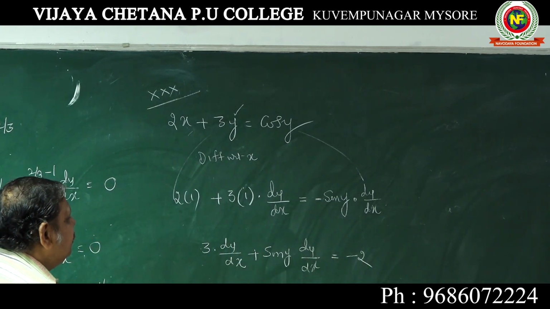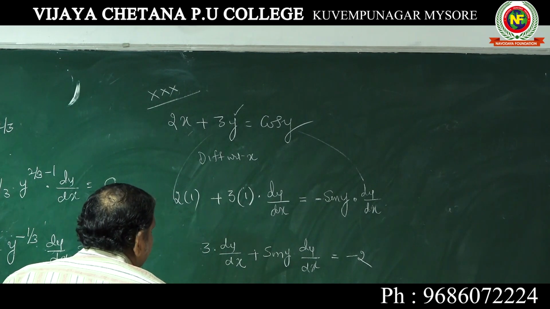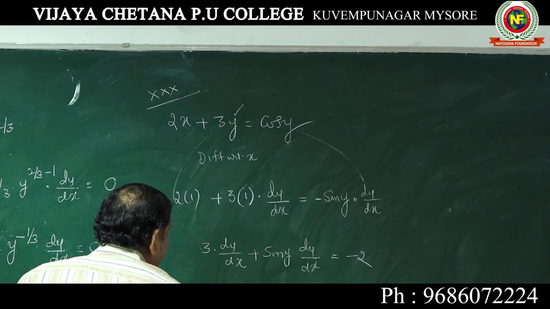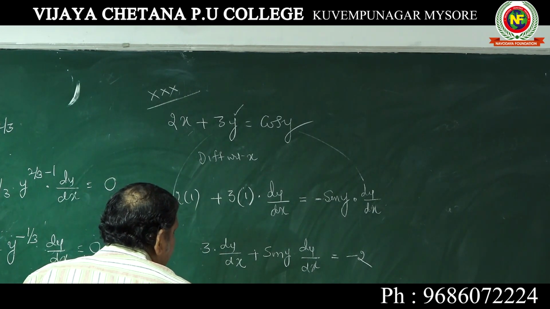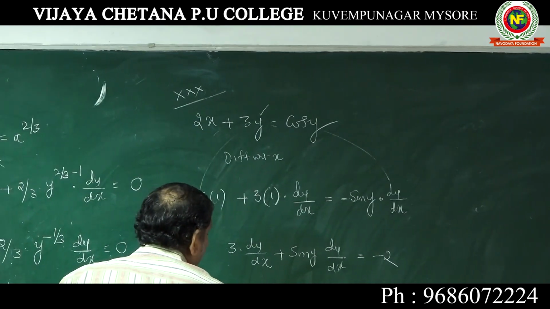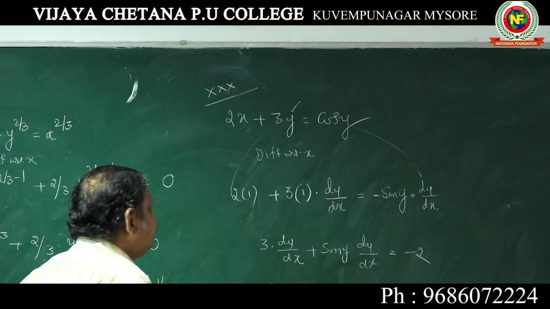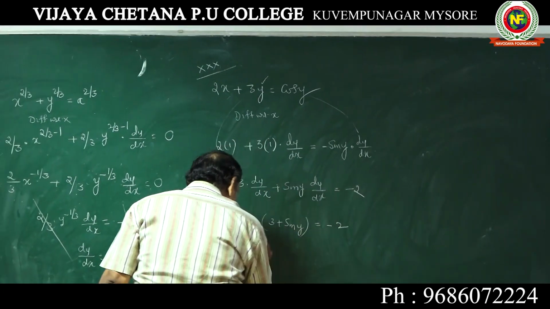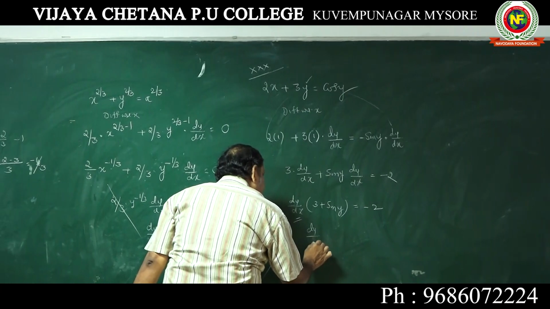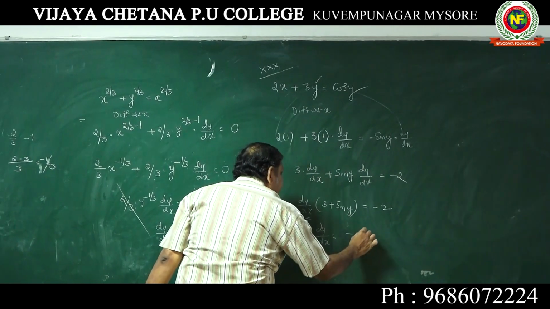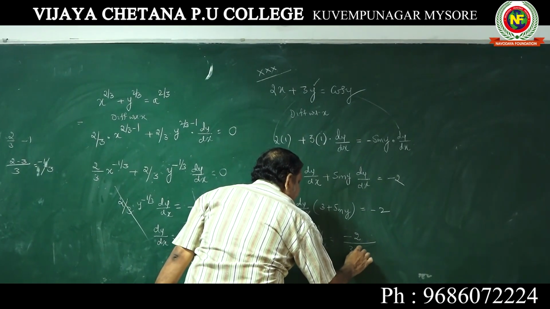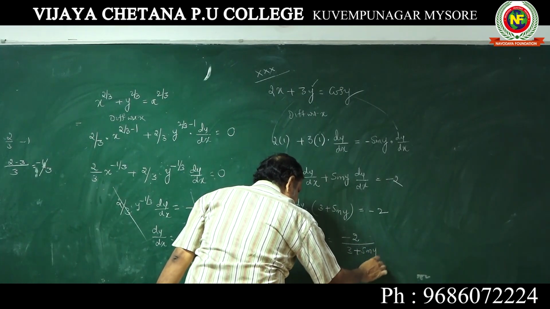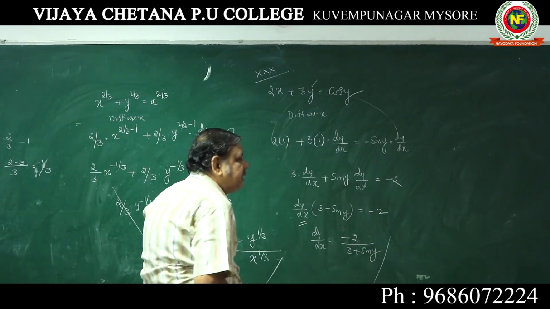Now what we should do? Take out dy by dx outside, common. Write 3 plus sin y is equal to minus 2, or from this you find dy by dx is equal to minus 2 by 3 plus sin y. A very important problem for examination.